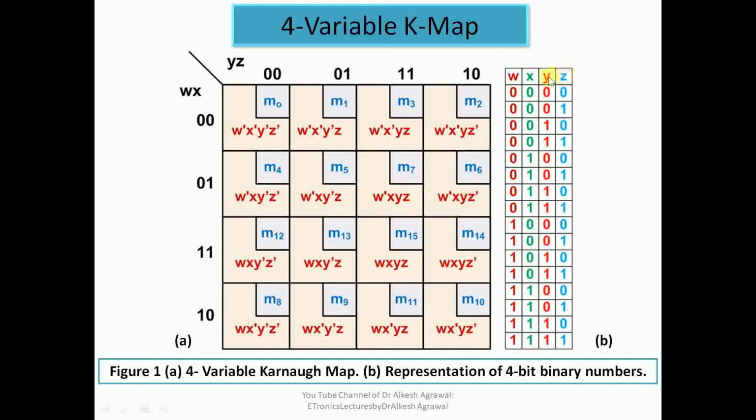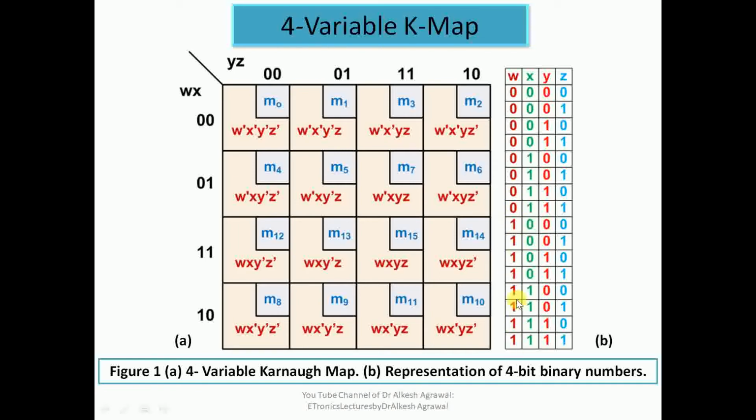So y has a frequency of z by 2. If we see the x variable, it is at 0 0 0 0, then changes from 0 to 1, fixed at 1 1 1 1, and so on. For w, for 8 combinations it is fixed at 0, then changes from 0 to 1 and is fixed at value 1.